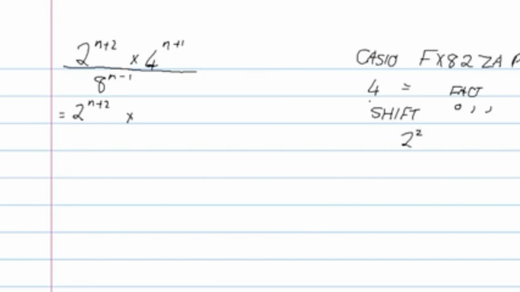It will give you 2 to the power 2. That's how you do it when you are making prime factors, or changing your numbers to have the same base. You do the same procedure, and 8 is going to give you 2 to the power 3, and then it's n minus 1.